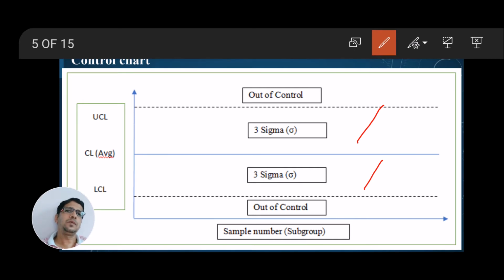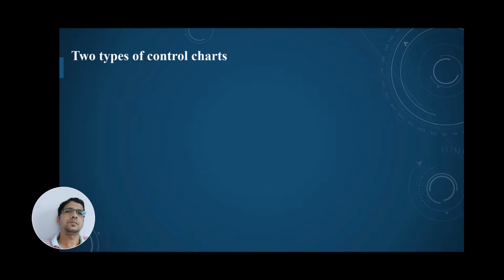But if the observed values fall outside the limits, that means in this part or in this part, then we say that the given process is having a variation because of some unnatural causes, that is, assignable causes.